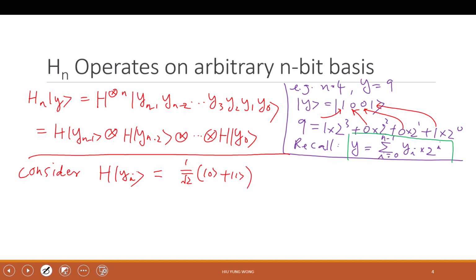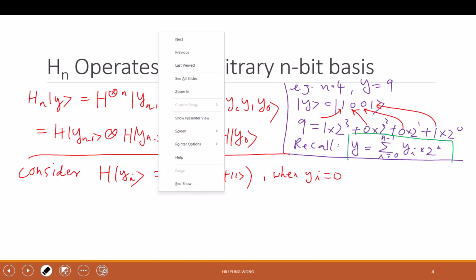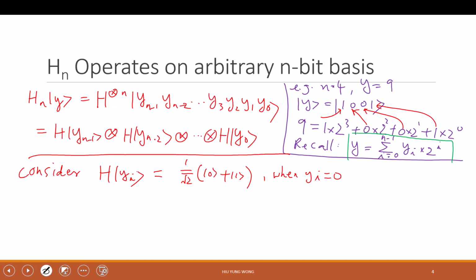This is review. When would you get this one? When y_i equals 0. And then what do you get if y_i is not 0? Minus, right? It can be only either 0 or 1.